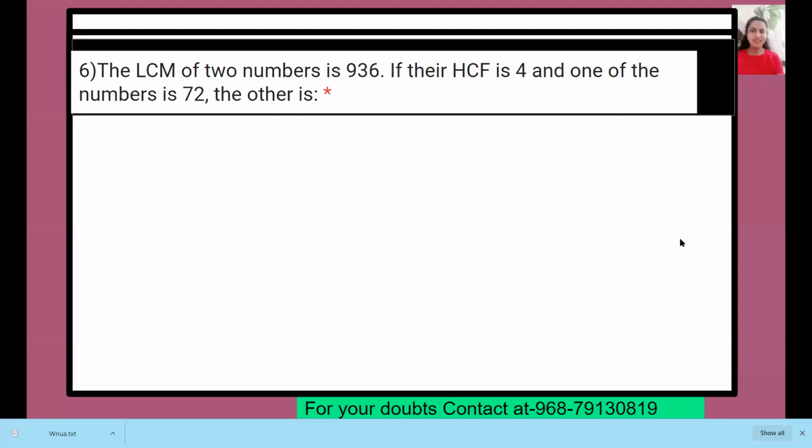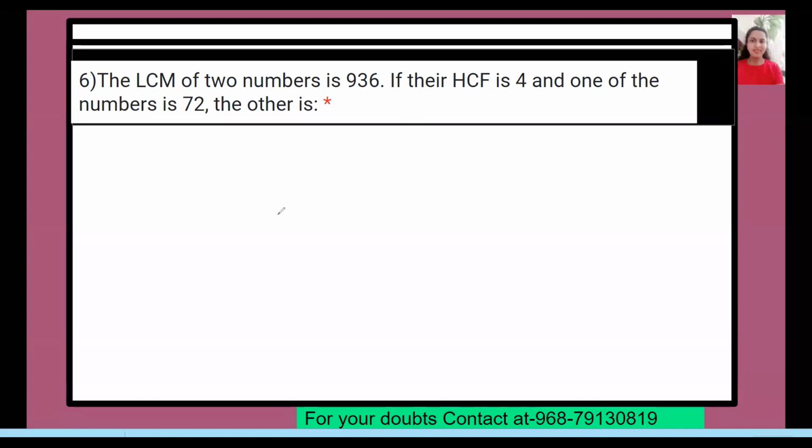Now when you read this question, we have learned the LCM of two numbers is this, and if their HCF is 4. We have learned from the beginning of our classes about LCM and HCF. If you find the product, this is equal to the product of the two numbers.